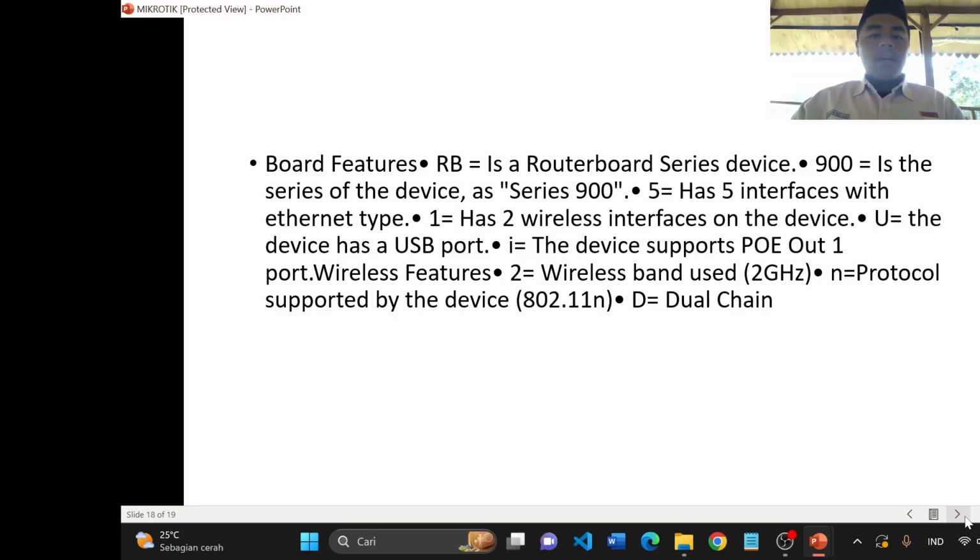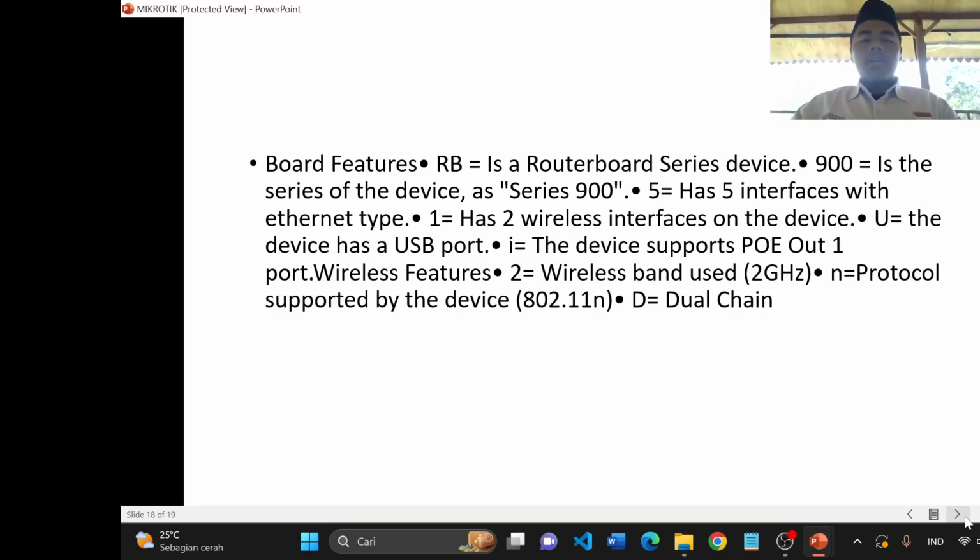U means the device has a USB port. i means the device supports PoE out on 1 port. Wireless feature: 2 means the wireless band uses 2 GHz, and the protocol supported by the device is 802.11n. D means dual chain.